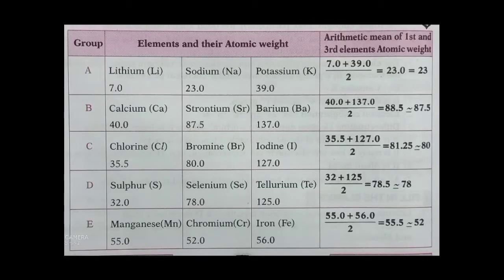Let us see the whole classification given by Dobereiner's Law of Triads. Okay, look at the table. The table contains 5 groups, up to E, and you also notice that each group contains 3 elements, 1, 2, 3.